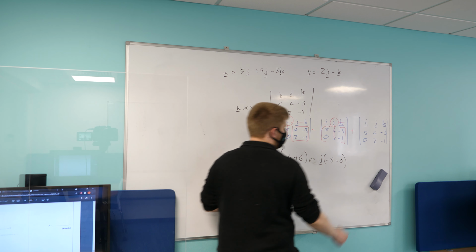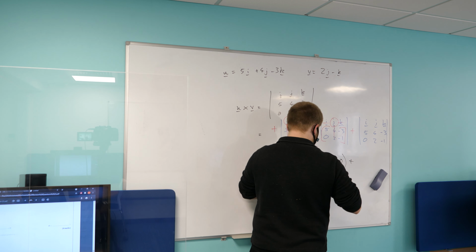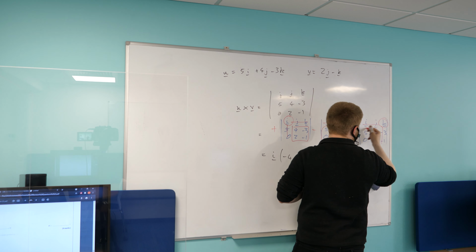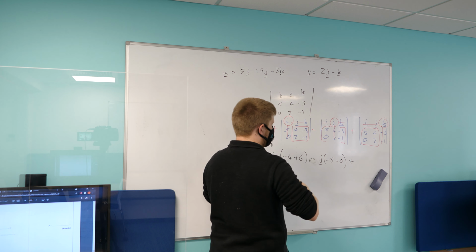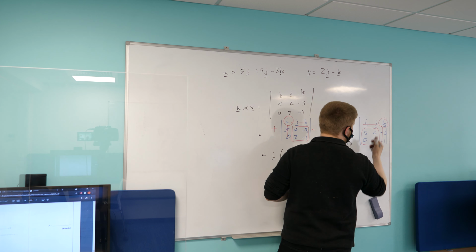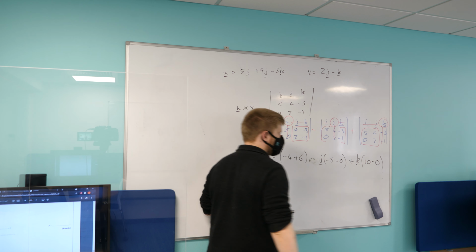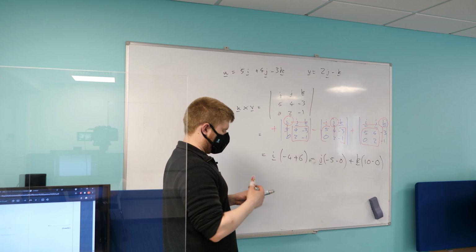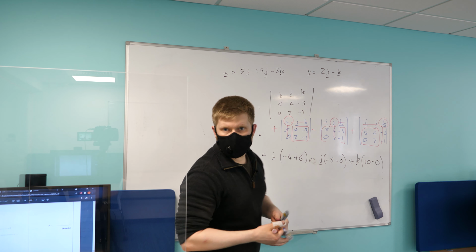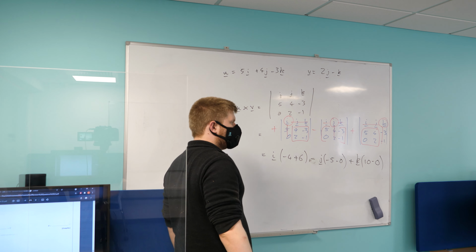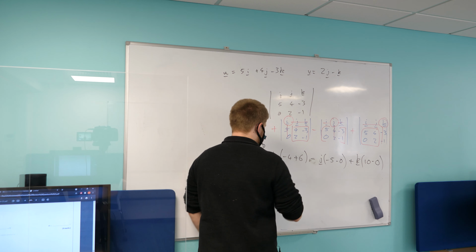And then plus, we take the k next, rule out that row and that column, take the determinant of the elements which are left. So it becomes k multiplied by 5 times 2 minus 4 times 0. Does that make sense where I've got those numbers from? Okay, good.